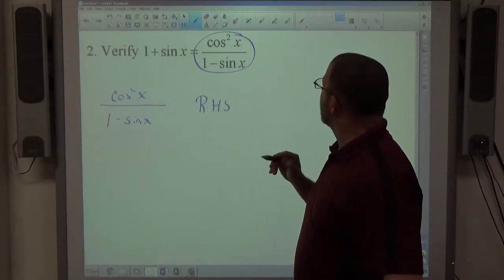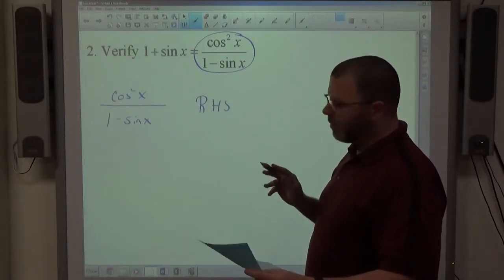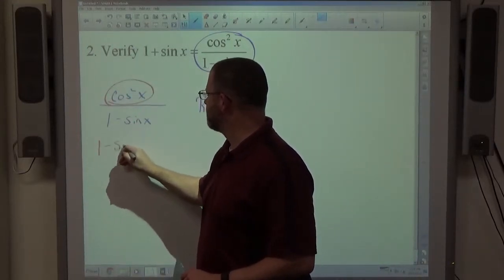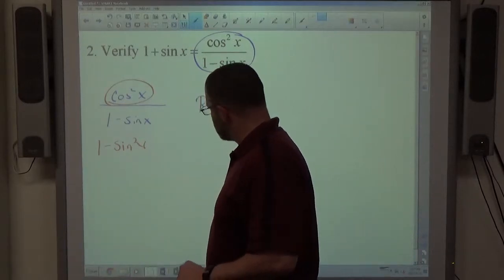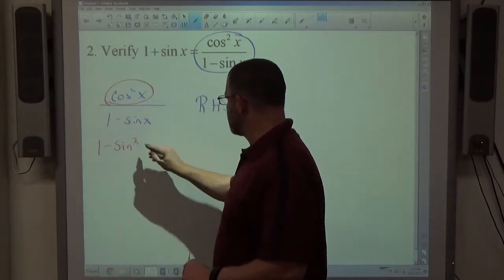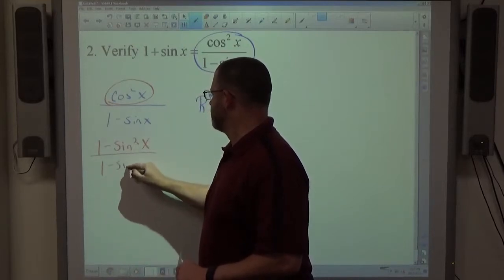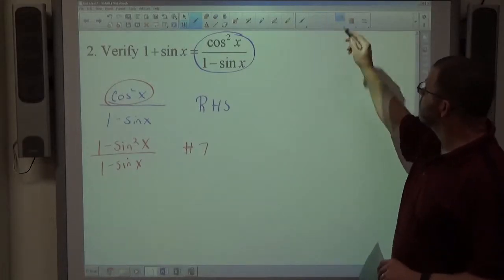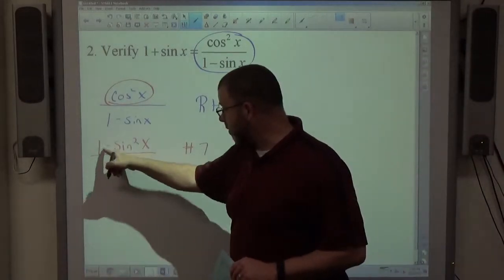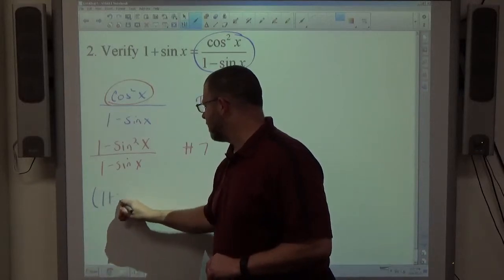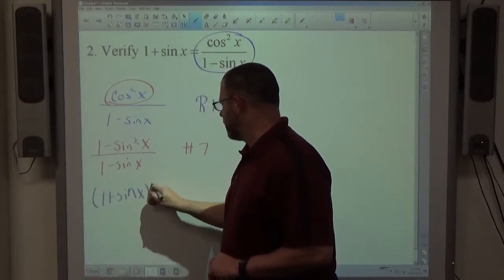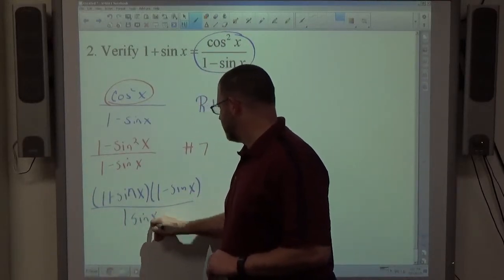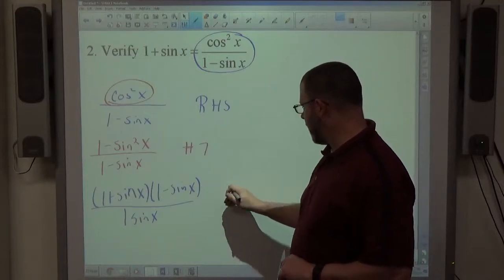So if you do any kind of trig substitution, I would expect you to use this sheet. I'm going to use number 7 first off. Notice that cosine squared is the same as 1 minus sine squared. And I notice 1 minus sine squared is a difference of squares, perfect square minus perfect square, so 1 plus sine of x times 1 minus sine of x over 1 minus sine of x, and that's by factoring.